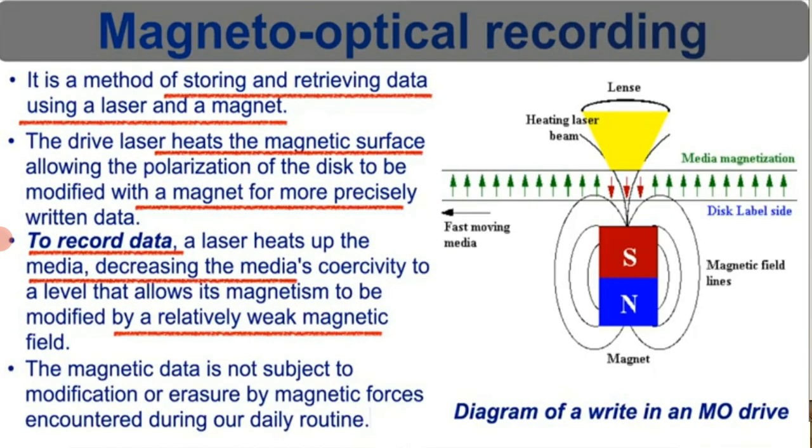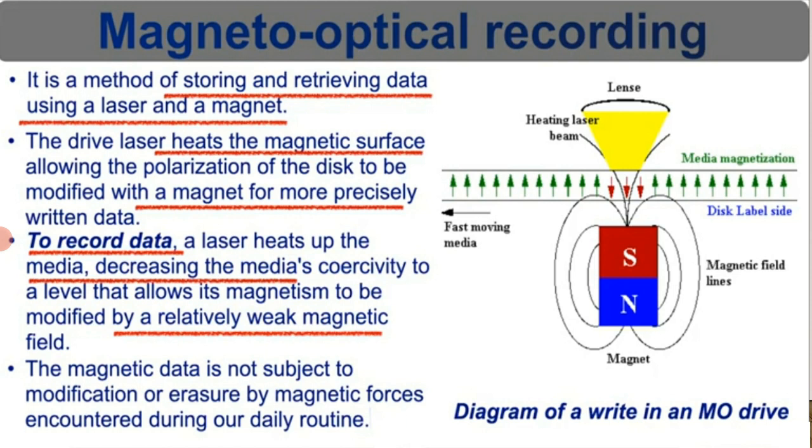Third application, magneto-optical recording. It is a method of storing and retrieving data using a laser and a magnet. The drive laser hits the magnetic surface, allowing the polarization of the disk to be modified with a magnet for more precisely written data.